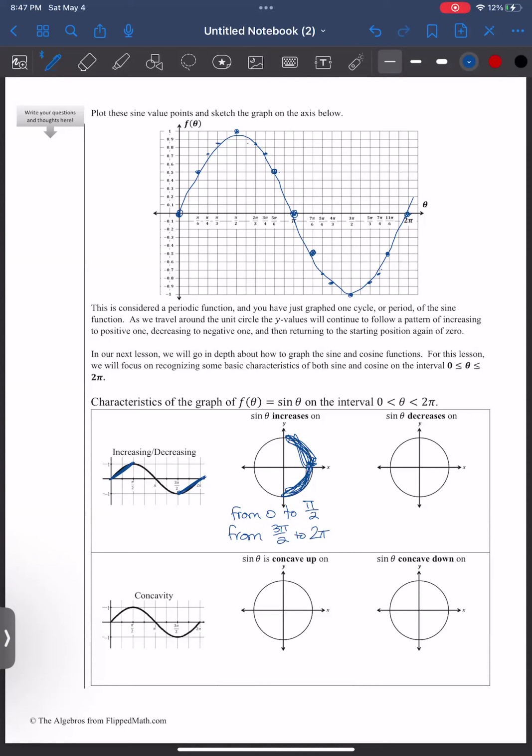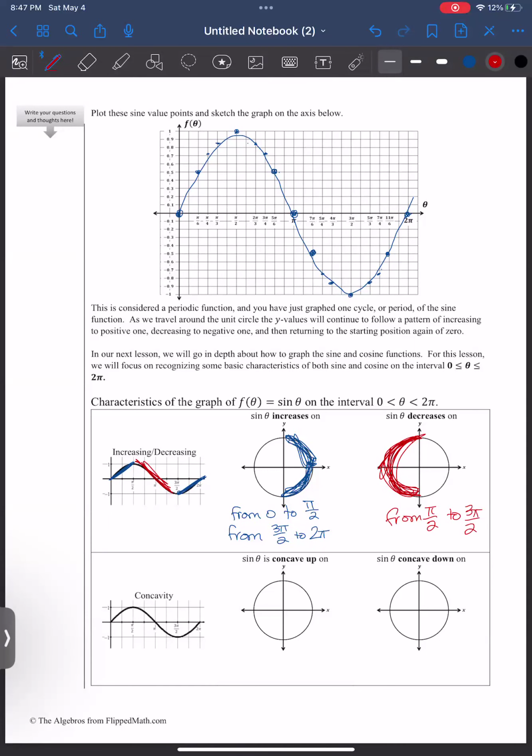Okay, and then I'm decreasing all in this middle section from pi over 2 to 3 pi over 2. So this whole side of my circle is decreasing, from pi over 2 to 3 pi over 2.